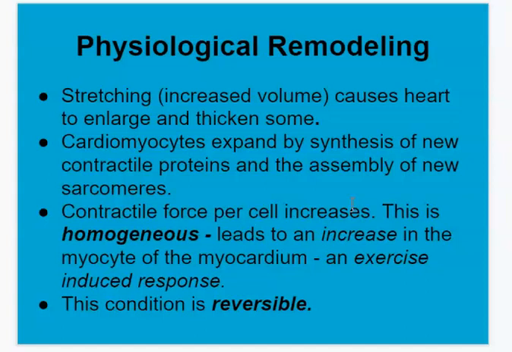And the contractile force increases, and this is a homogeneous process that leads to an increase in the myocyte and an exercise-induced response. This condition is actually reversible. So if you were an incredible aerobic athlete in your younger years and did nothing after that for quite some time, the heart would just come back to normal.